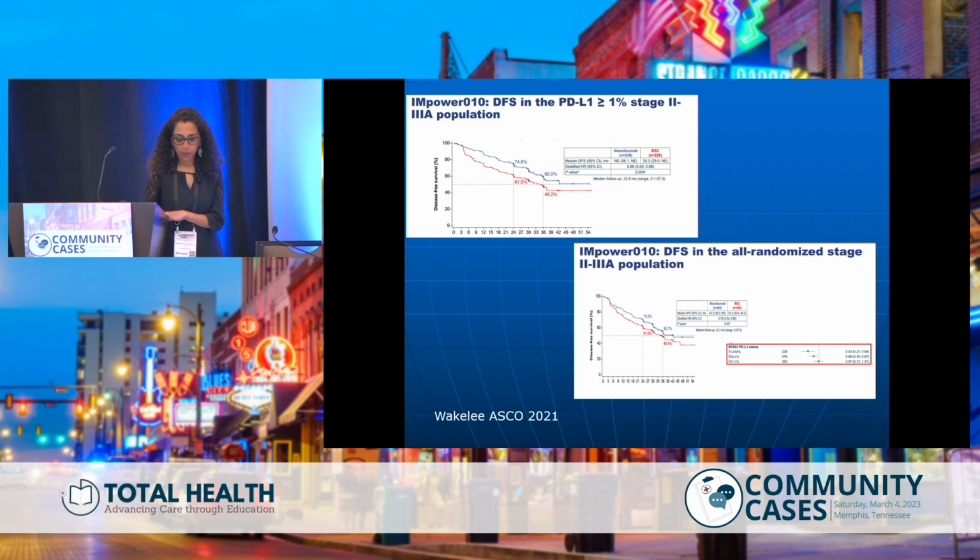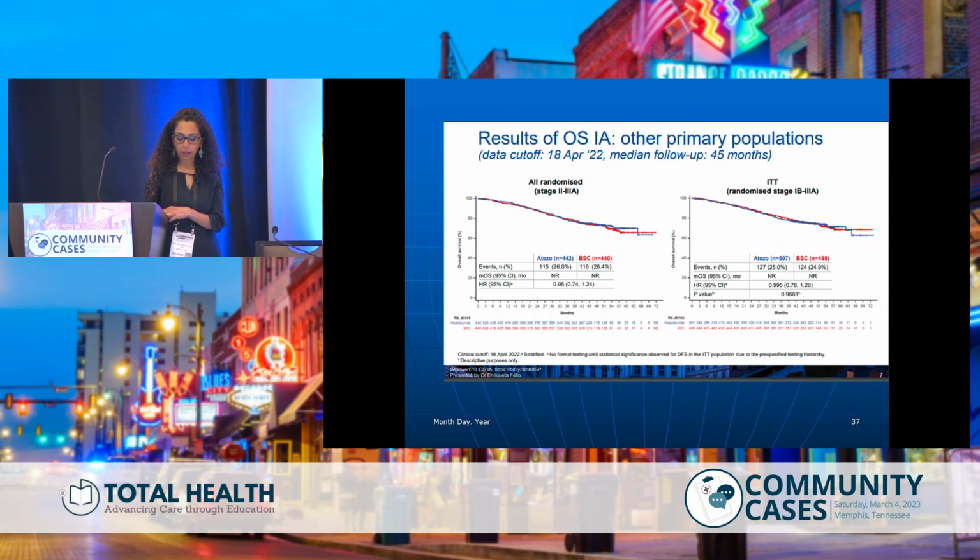The Kaplan-Meier curves very clearly demonstrate the benefit of adjuvant immunotherapy in stage 2 to 3A population when PD-L1 is positive. And then in all randomized patients, regardless of PD-L1, you still see the benefit, but not as profound as the PD-L1 population.